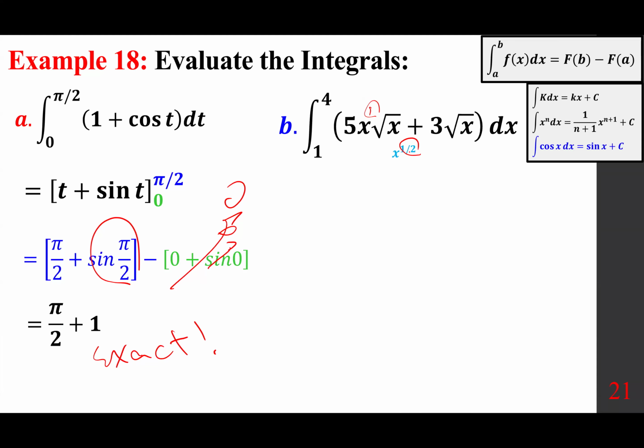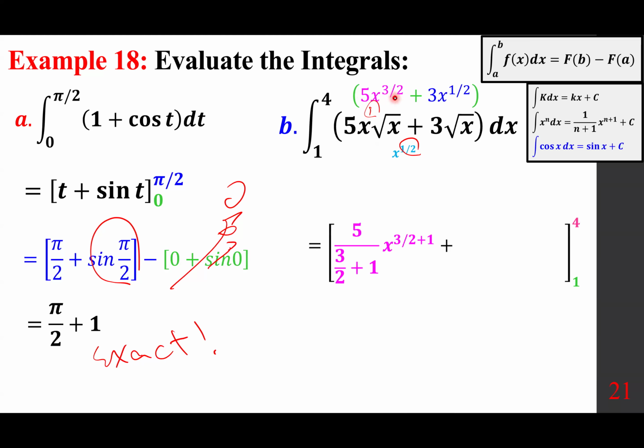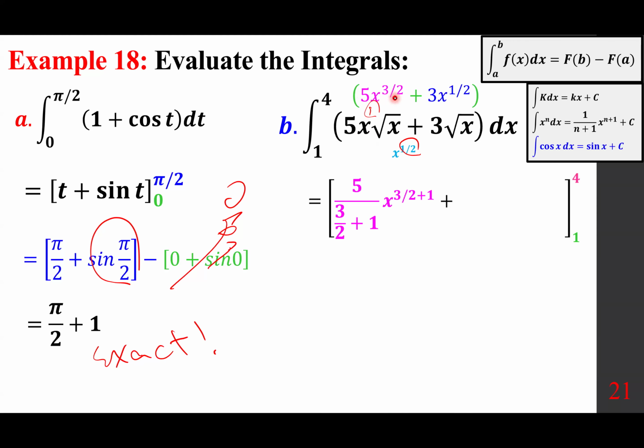The second piece is simply 3x to the power of 1/2. This one, 5 over 3/2 plus 1, x to the power of 3/2 plus 1. This one, 3 over 1/2 plus 1, x to the power of 1/2 plus 1. And evaluate it from 1 to 4.